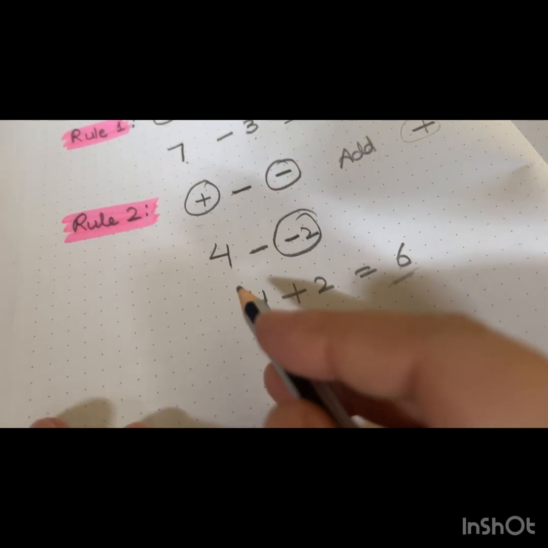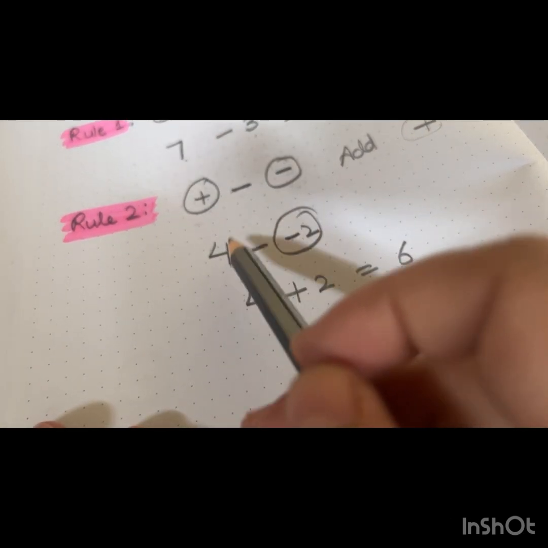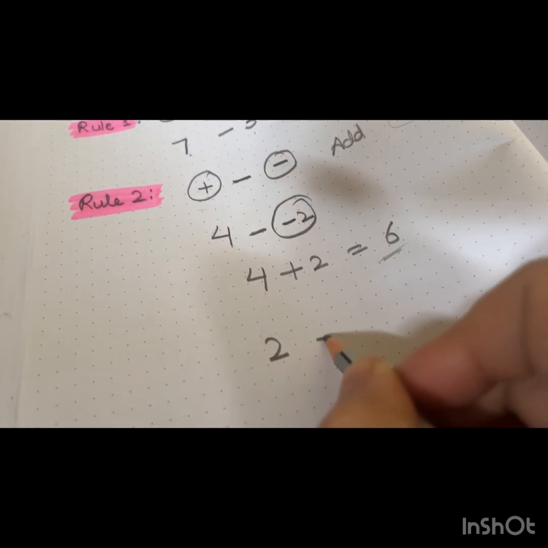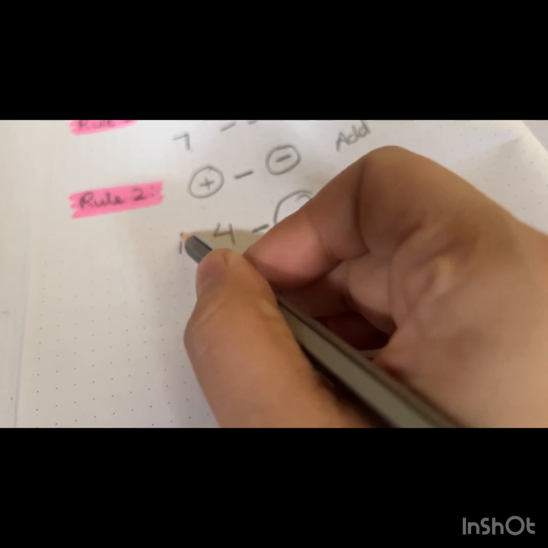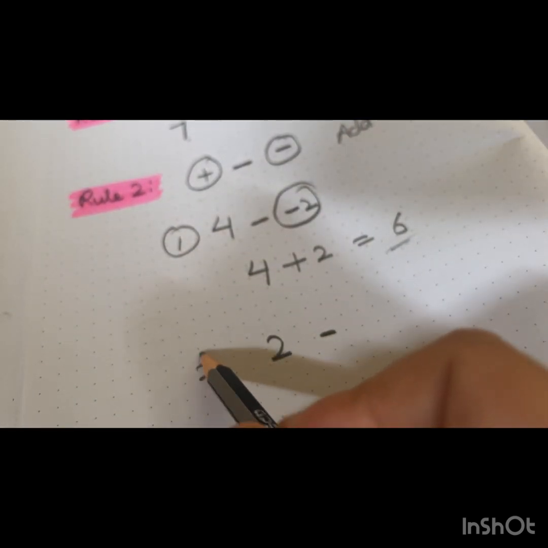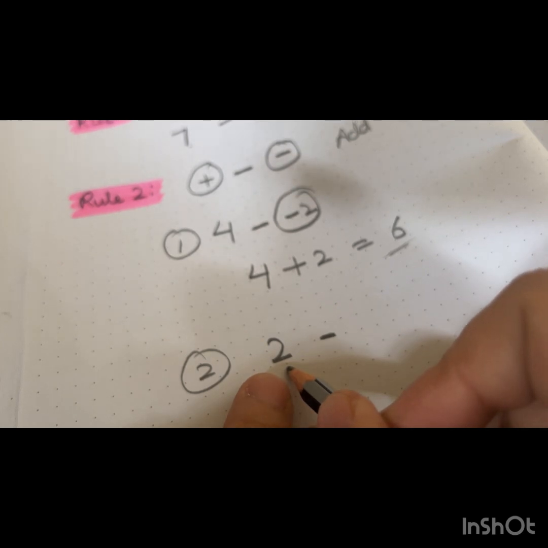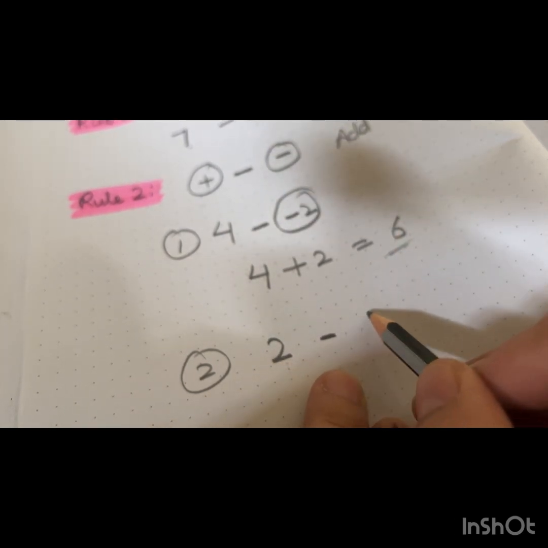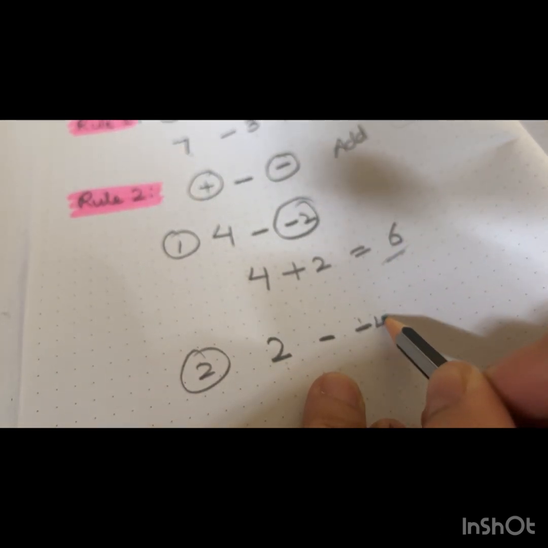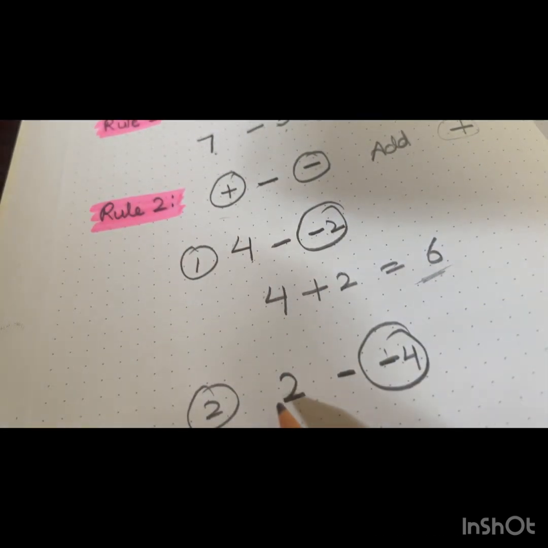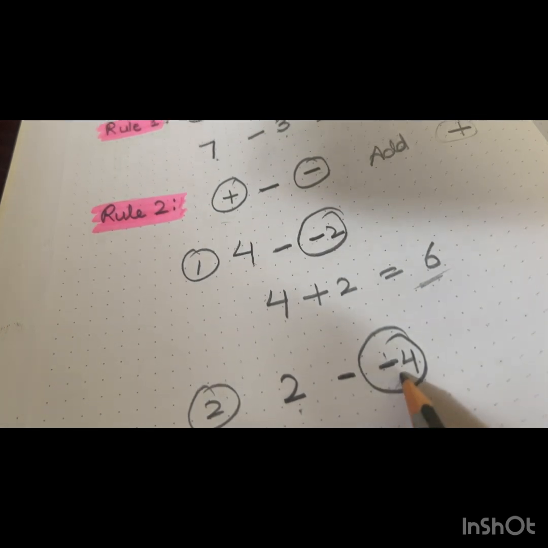And again, suppose here the positive integer is smaller, 2. The first option was this, and this is the second option. If the positive integer is a smaller number and the negative integer, suppose I am taking minus 4. So now you can see one integer is positive and the second one is negative.